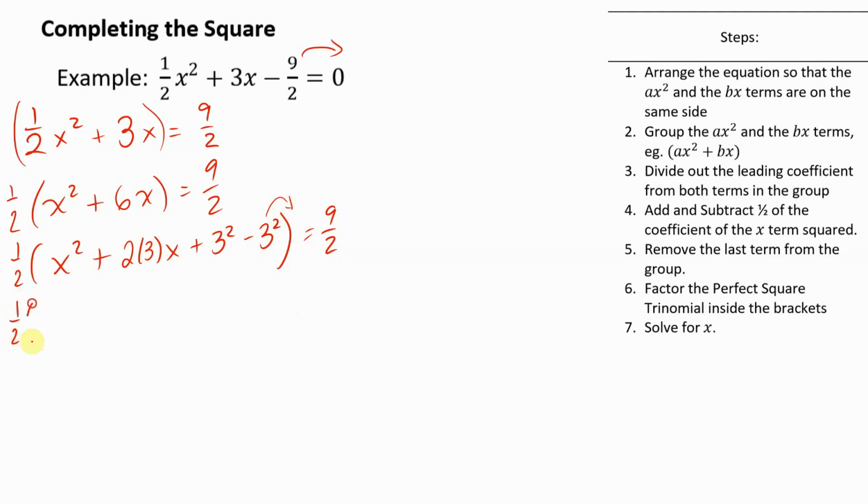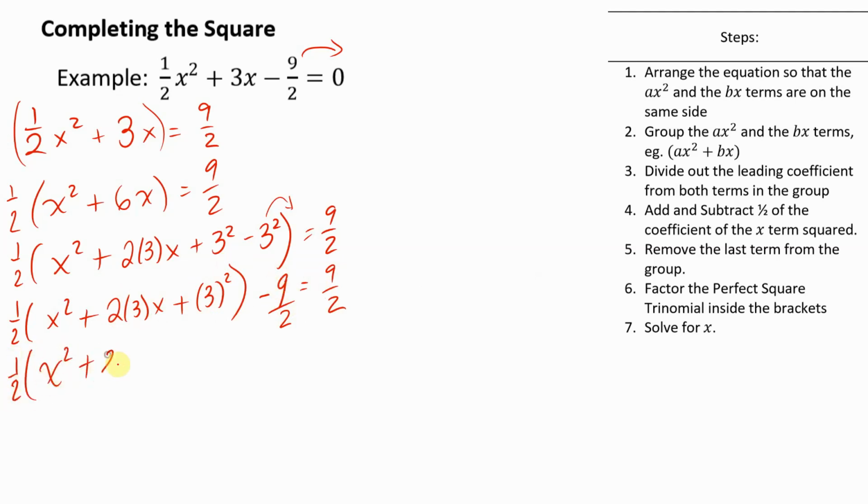So we'll have half x squared plus 2 times 3x plus 3 squared minus 9 over 2 is equal to 9 over 2. We want to bring this to the other side, so half x squared plus 2 times 3x plus 3 squared is equal to 9 over 2 plus 9 over 2.